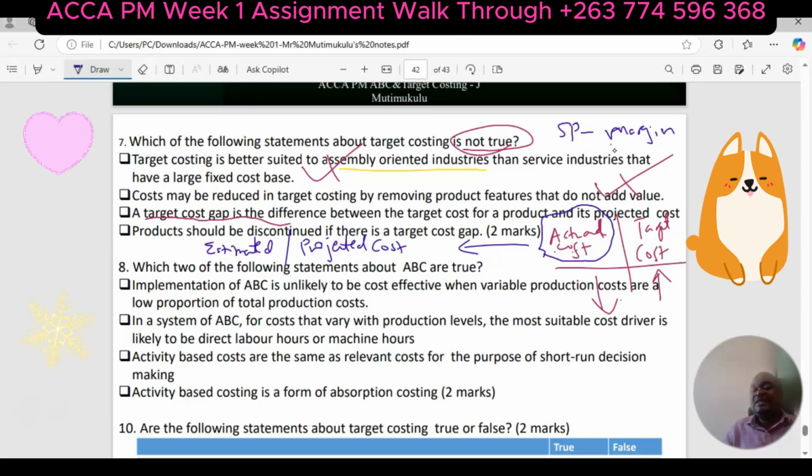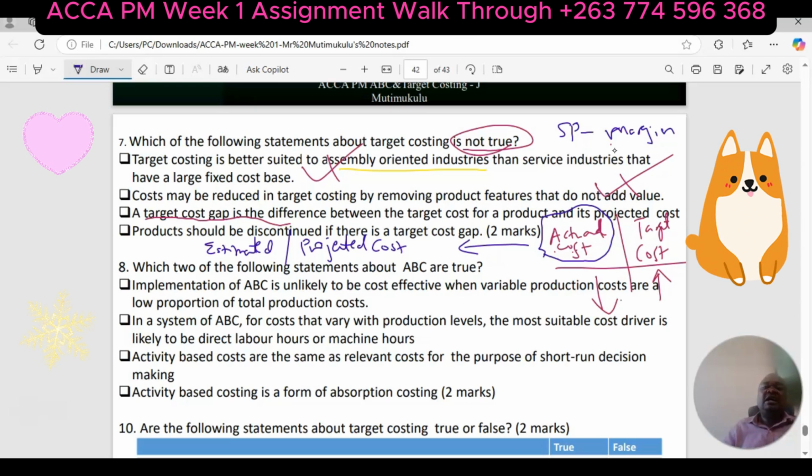However, when we are talking of estimated cost or projected cost, these are subject to expected market cost, which we can get. So you need to understand that technicality.